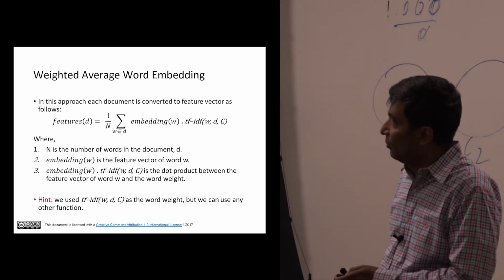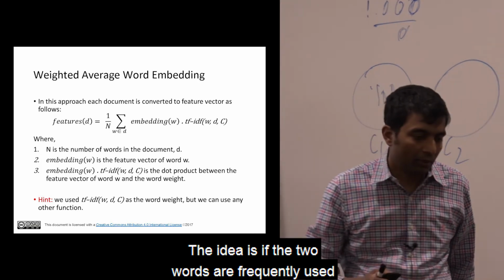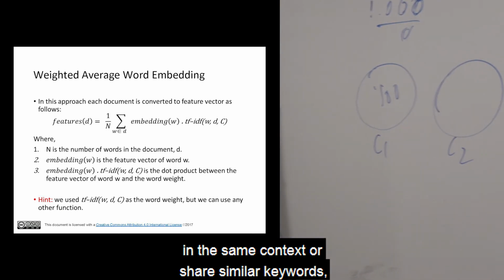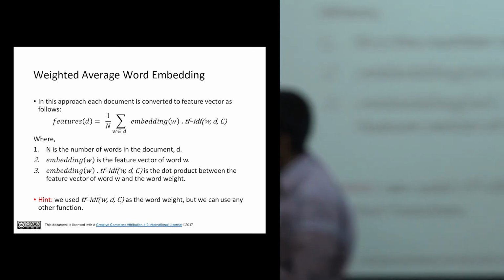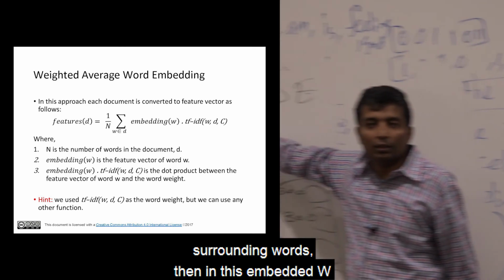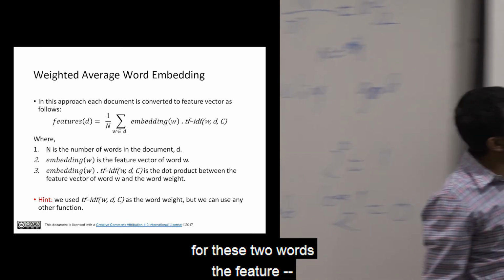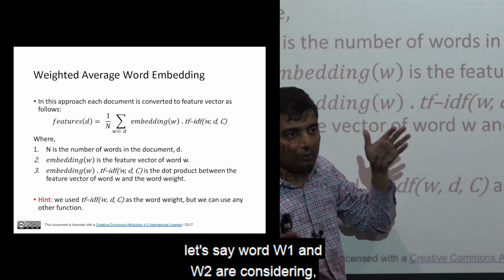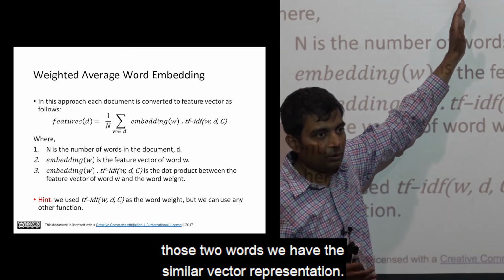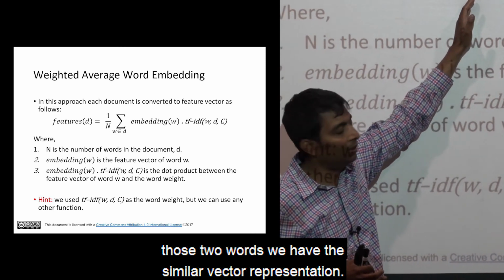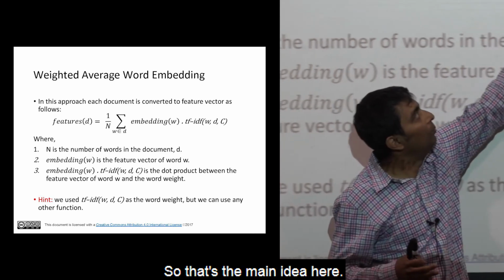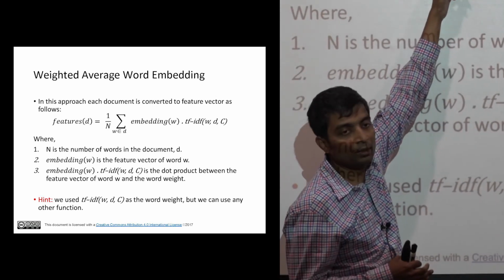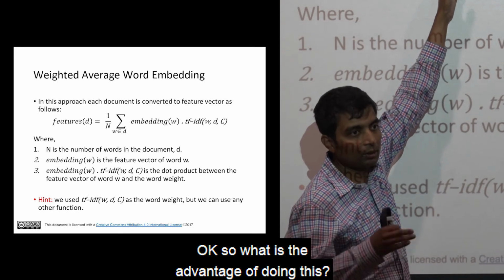Okay, so what is the advantage of doing this? Recall that before we tried to represent the document using 10,000 dimensions, right? Now using this feature D, how many dimensions will this D have? It will eventually be represented as a vector, and how many dimensions will these vectors have? This W has only 300 dimensions, so the feature W will have 300 dimensions also, right?